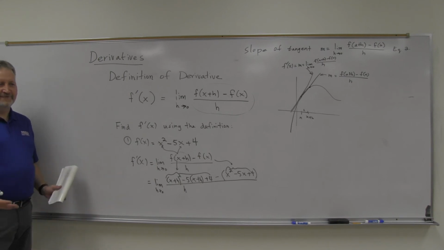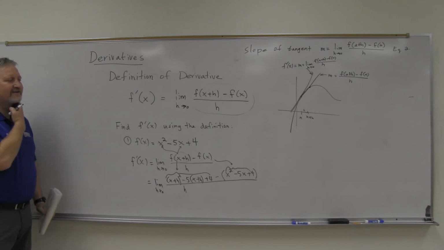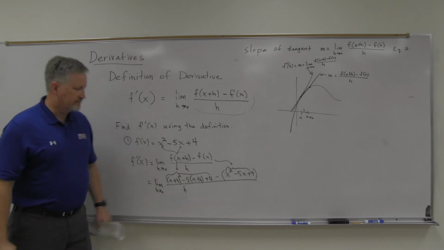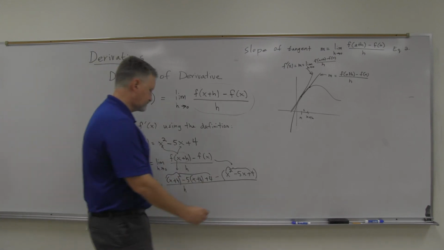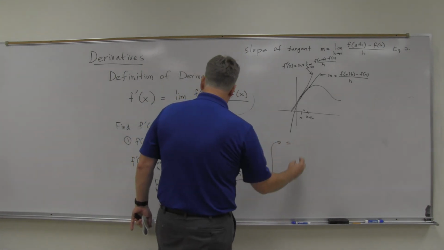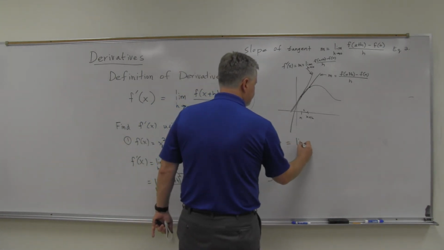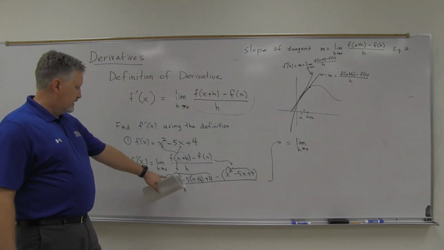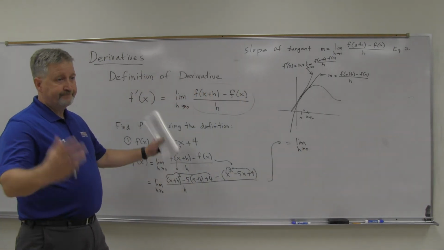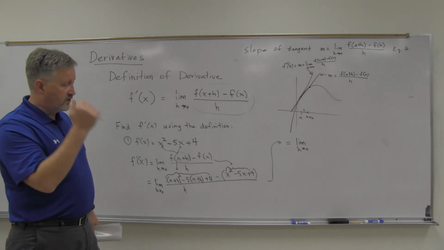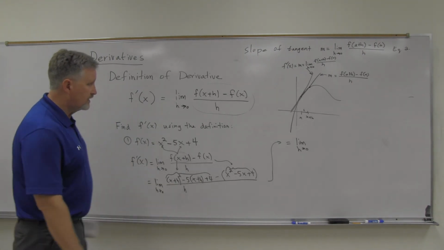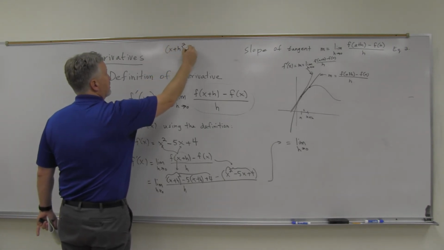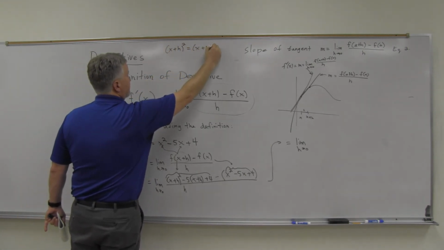And so, we use the same techniques as we've always done here. Best thing would be to go ahead and simplify the top part. X plus h squared, you've got to foil it out, or you know the shortcut, but x plus h squared is just x plus h times x plus h.